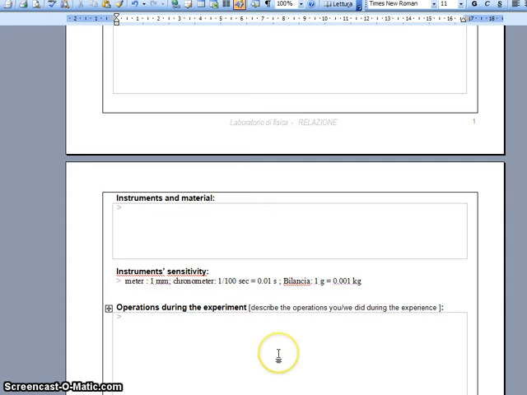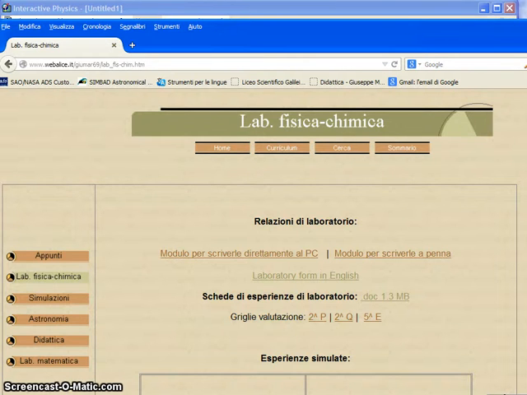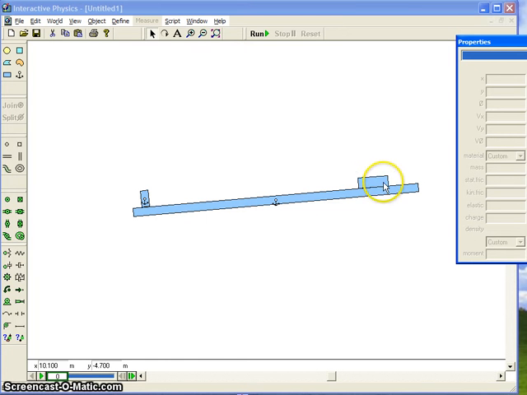Okay, at the beginning we have an object that stays in a stable position here, but later it moves and we measure the time.